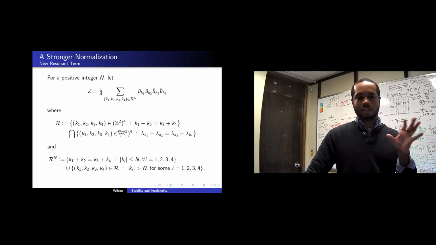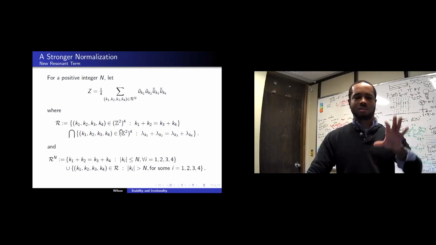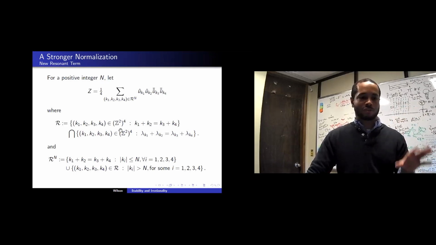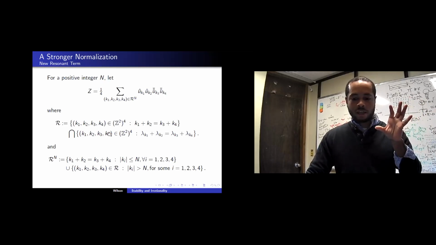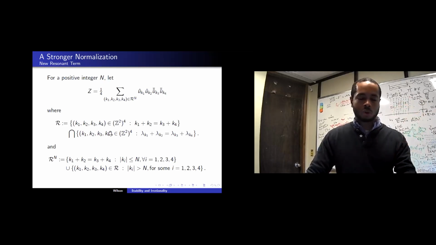We do a different change of variables, one that loses some derivatives, which is a whole story that I could talk to you about for a long time, but I don't have much time. We do a more fragile change of variables, but for a smaller subset of phase space. Essentially, this is the best way to describe it.